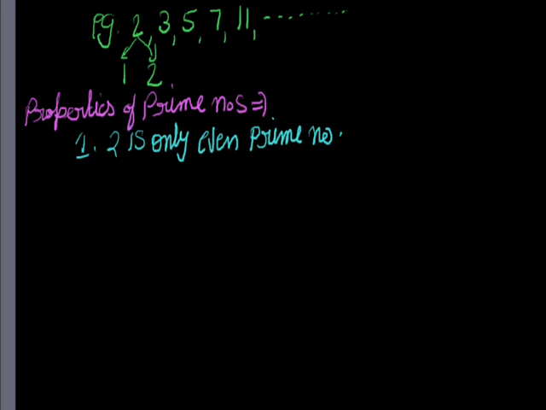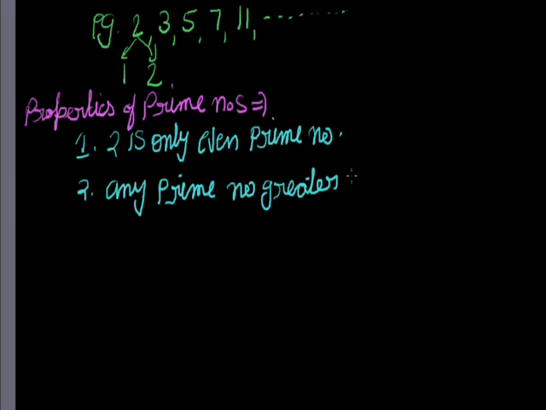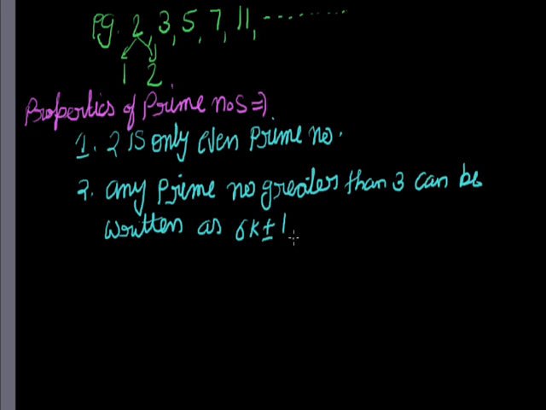We can write down one more property. Any prime number greater than 3 can be written as 6k plus minus 1, where k equals 1, 2, 3 and so on.